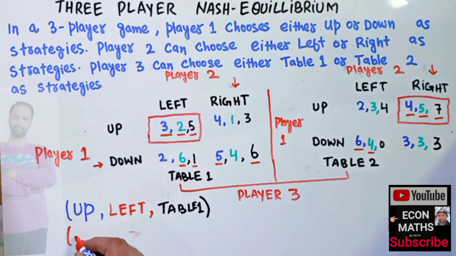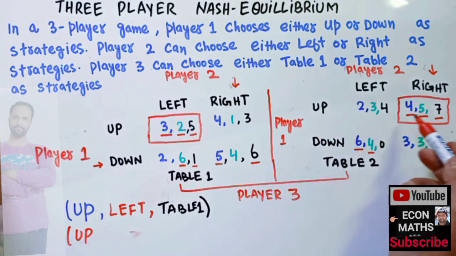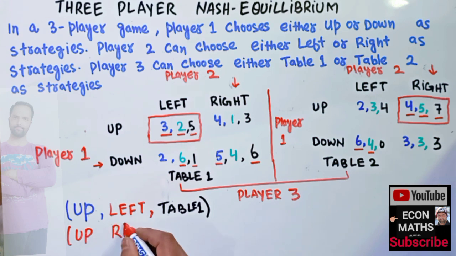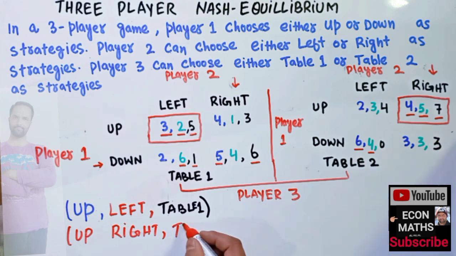Player 2 chooses right, and player 3 chooses table 2. These are the Nash equilibria in this payoff matrix when we have three players. Okay, I hope I make myself clear.